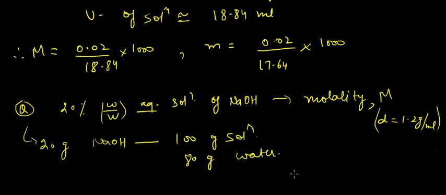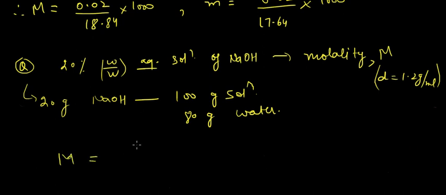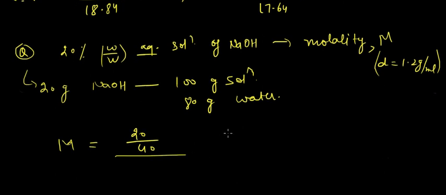So what would be the molarity? Molarity would be weight given of NaOH divided by the molar mass, which gives the moles of NaOH, divided by the volume of solution. I'm sorry, this is the weight of water.